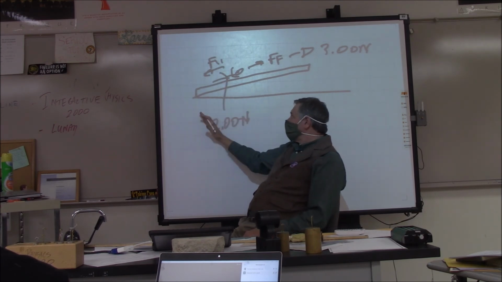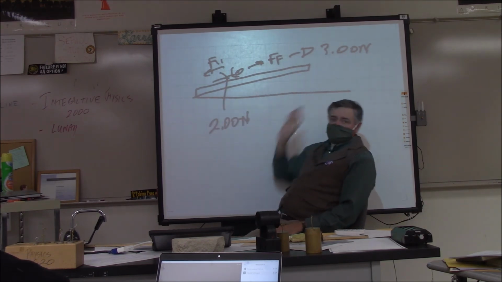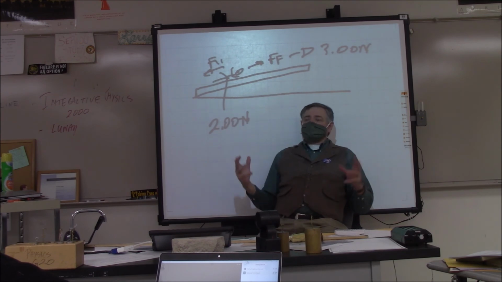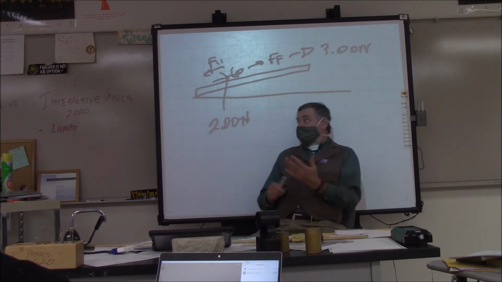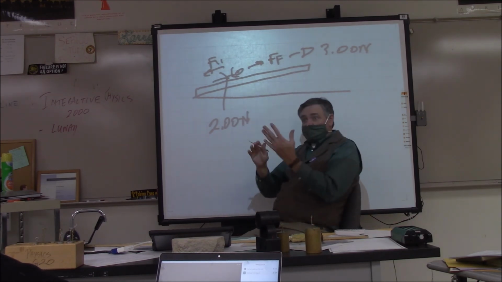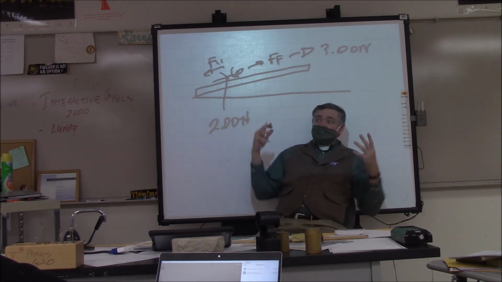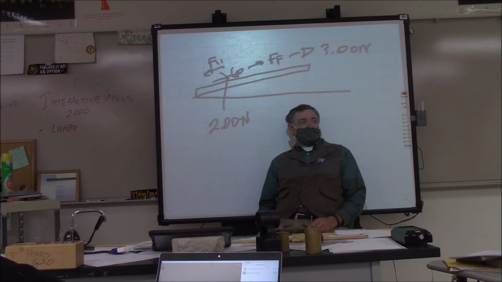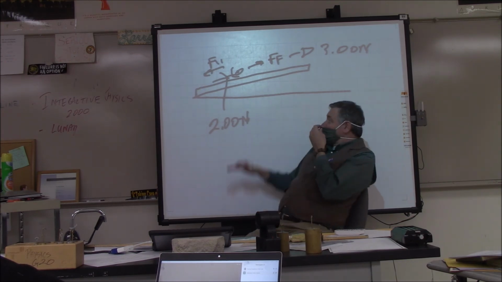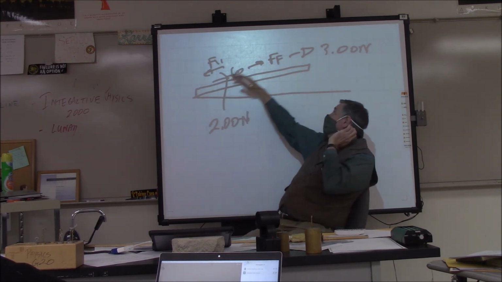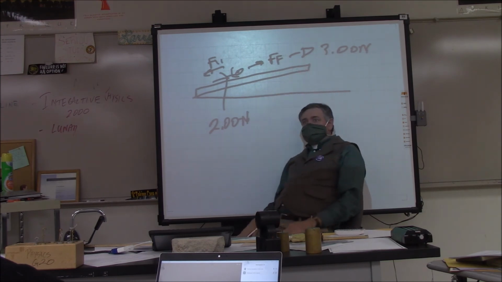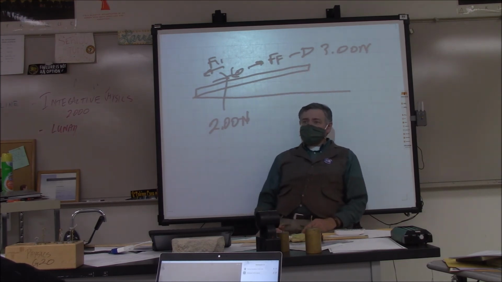The force parallel is 2 newtons. The force friction is 3 newtons. What's the acceleration of the system? 1 meter per second squared, 2 meters per second squared, 3 meters per second squared, or 0 meters per second squared? You have a force parallel of 2, a frictional force of 3 newtons, what's going to be the acceleration of the system?